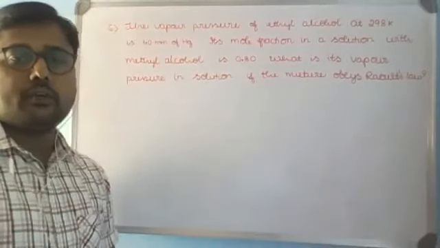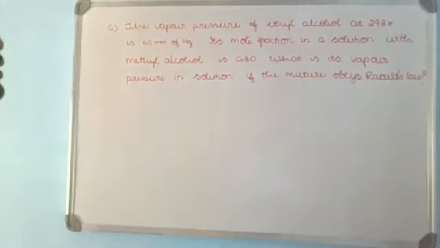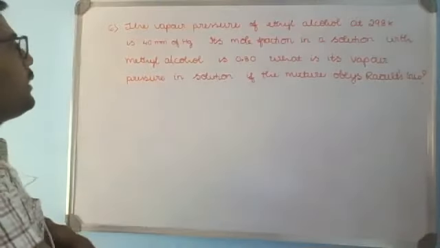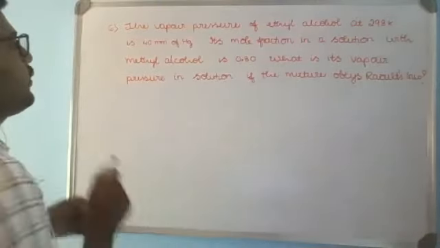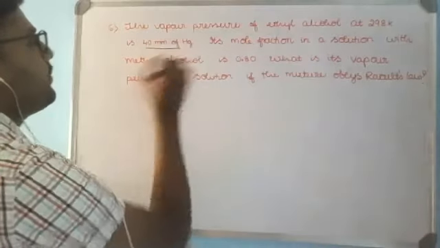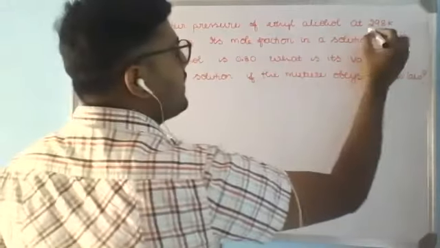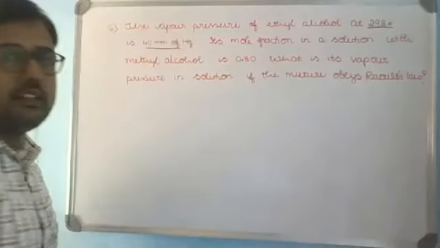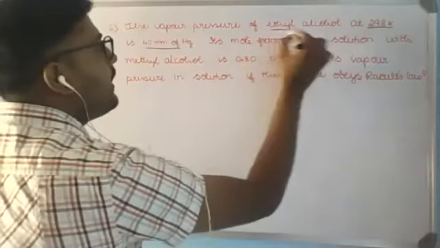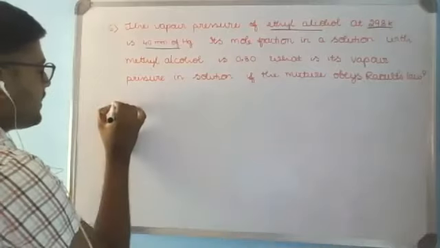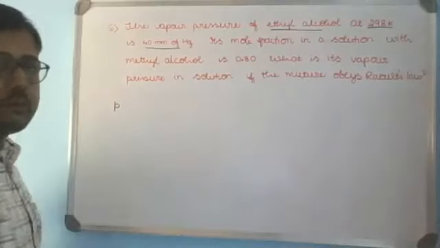Now, if you observe the question, the vapor pressure of ethyl alcohol at 298 Kelvin, that is 25 degrees Celsius, is 40 mm of Hg. The vapor pressure of ethyl alcohol is given, so we can consider this the vapor pressure in its pure form.